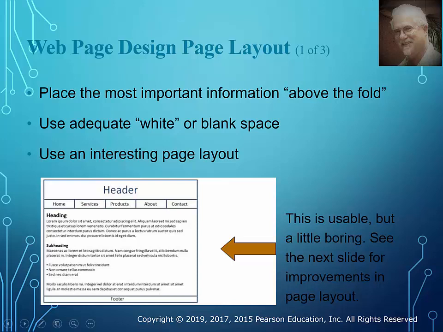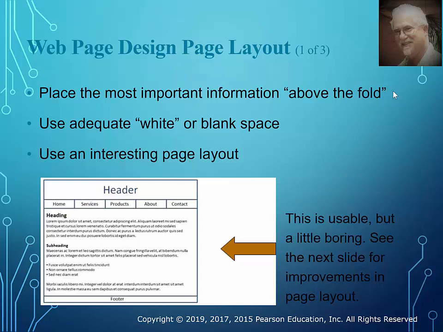Now let's look at some other things. The concept of placing important information above the fold. This is a concept from the newspaper industry. Look at an old newspaper: it's always folded in half. Those things above the fold are what catch the user's attention.